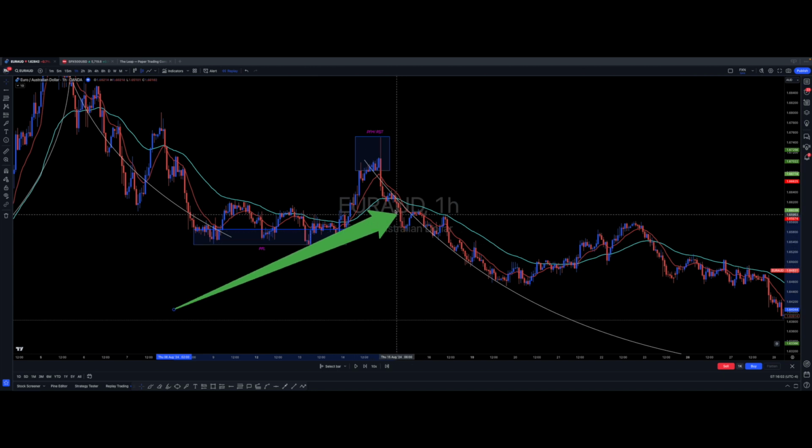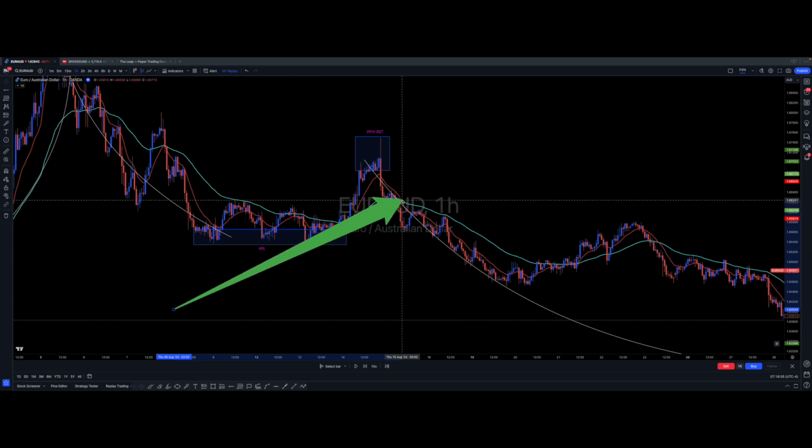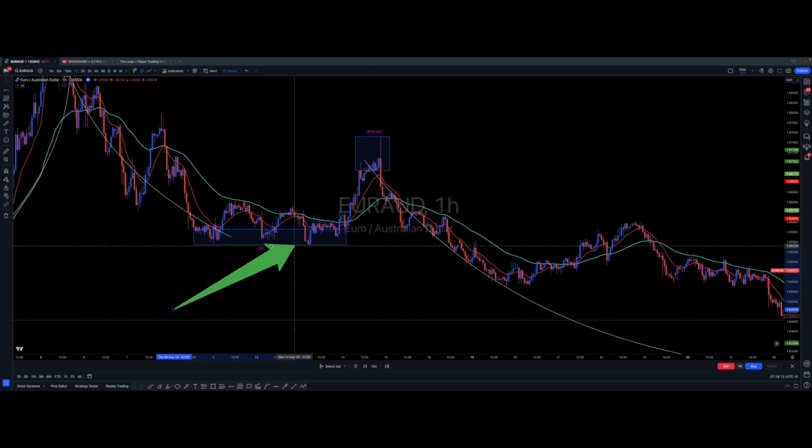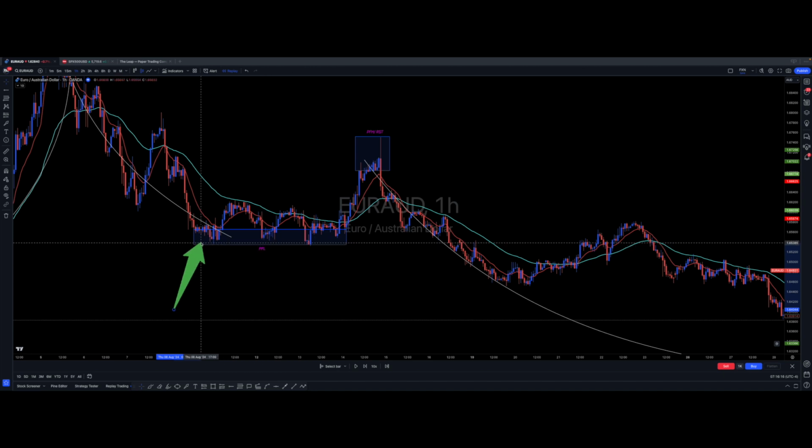The second thing is, yes, you need a crossover, which you'll generally get anyways, right? And then you'll get the 1 times ADR already. That's all good and fair. And then this right here is the break of structure that you would need.